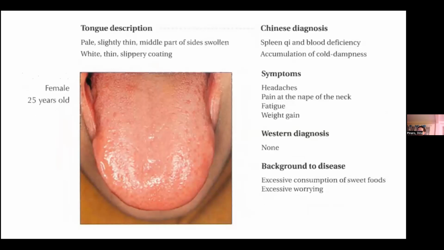Ang symptoms, there is headache, pain at the nape of the neck, there's fatigue, and there is weight gain. There's none sa Western diagnosis, and sa background to disease, excessive consumption of sweet foods, excessive worrying. Okay?